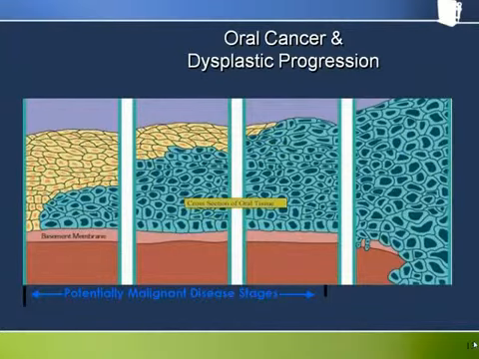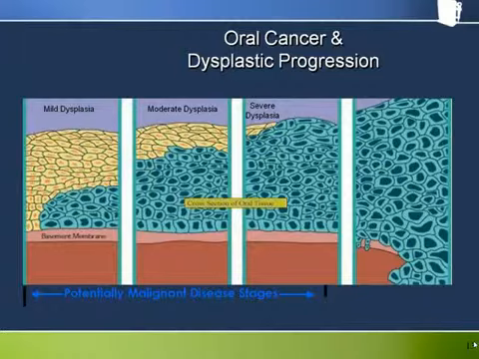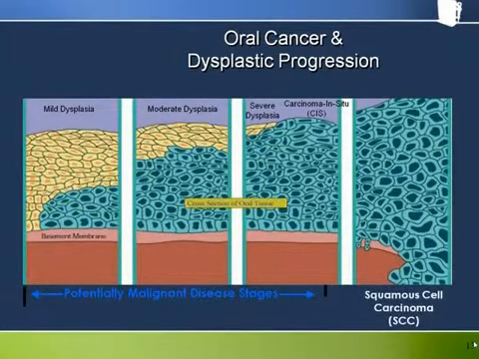The various stages of dysplasia are called mild, moderate, and severe, and are roughly correlated with the proportion of the epithelium taken up by the abnormal cells, as shown in the diagram. When the dysplasia takes up the entire epithelium, it is called carcinoma in situ. Once the basement membrane has been fully breached, the lesion is referred to as invasive squamous cell carcinoma.